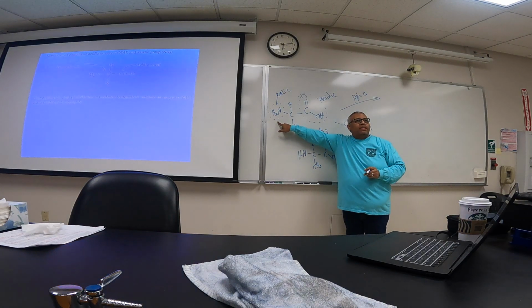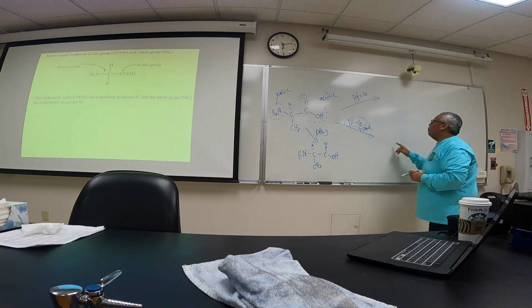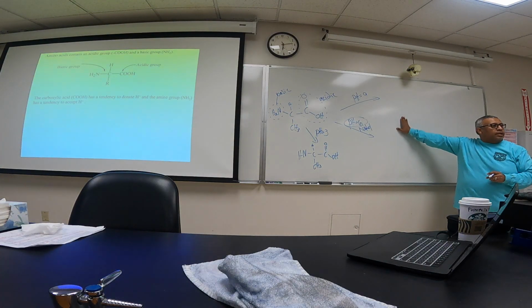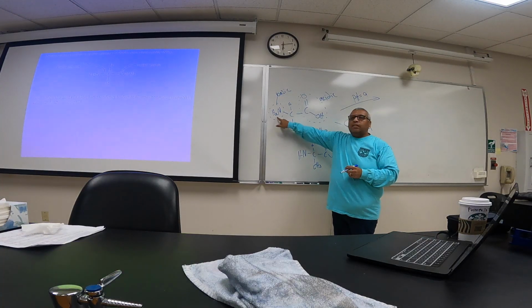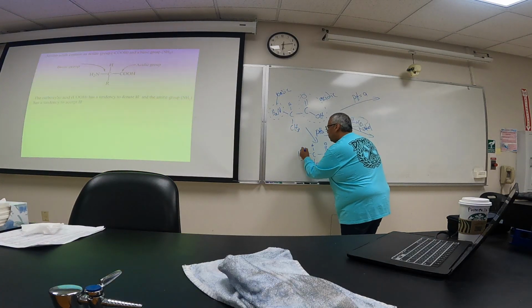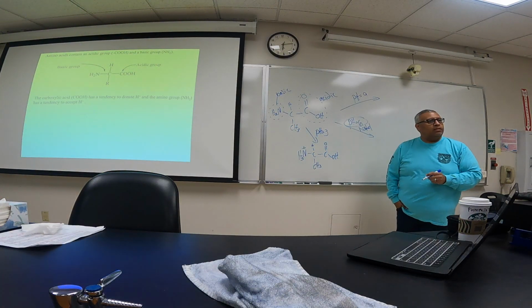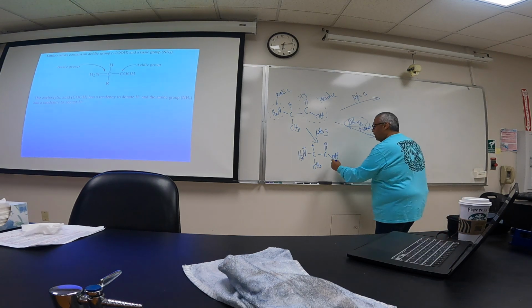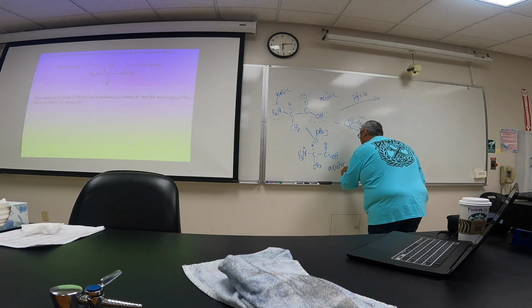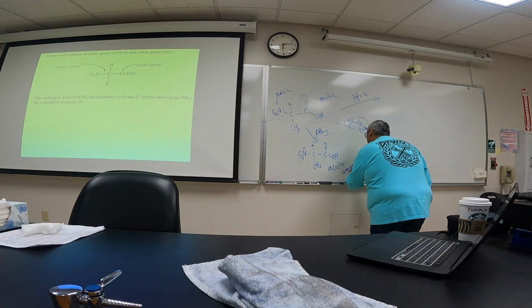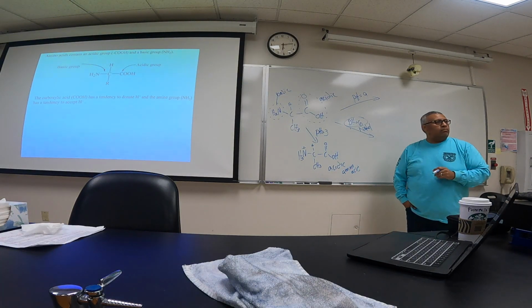Hydrogen, proton donor or acceptor? Acceptor. So just like we went from NH3 to NH4 plus, we're going to go from NH2 to NH3 plus. And now we have an acidic amino acid, right?